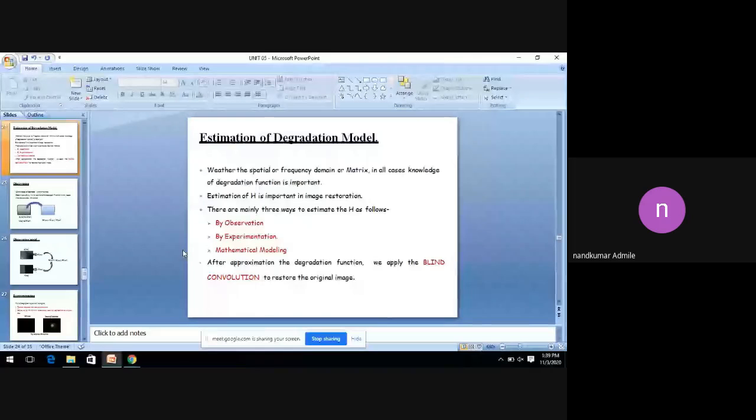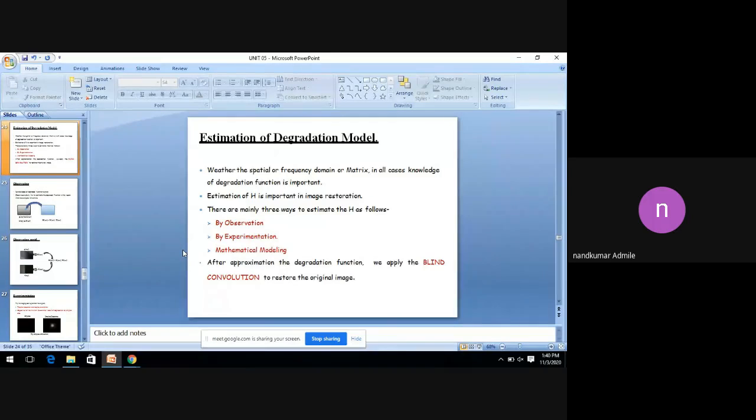In estimation of degradation model, we studied three different ways to estimate the degradation function, or we can call it the estimation function H. The three techniques are estimation of a degradation model by observation, second, by experimentation, and third, by mathematical modeling.